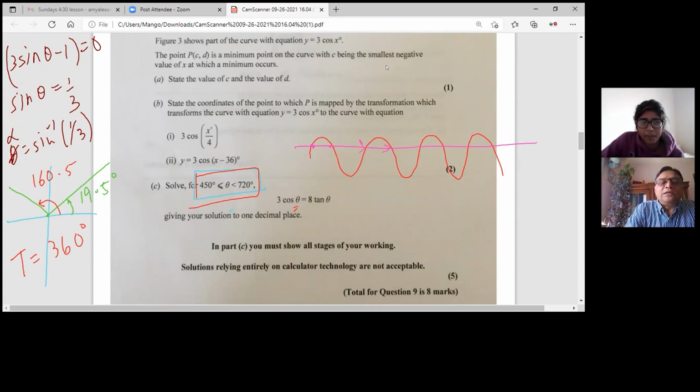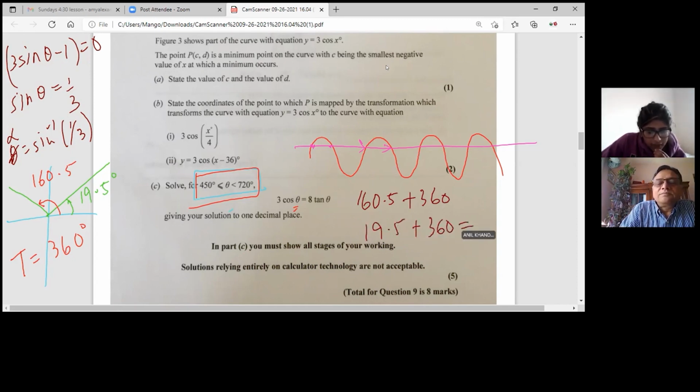Add 360 to them. So we have two values: 160.5 plus 360, and the other angle is 19.5 plus 360, in degrees. The first one gives 520.5, and the second one gives 379.5. So I need to add another 360 to that one.